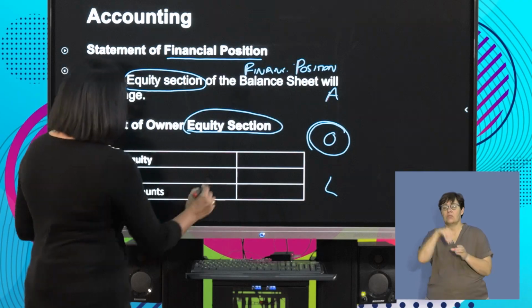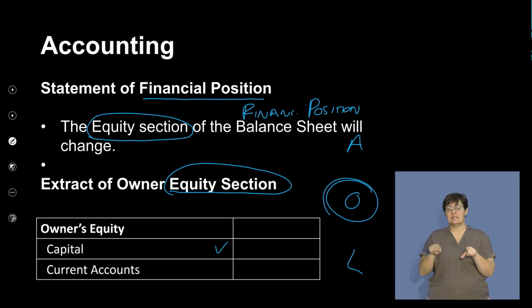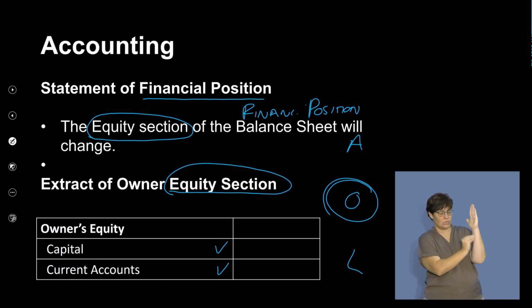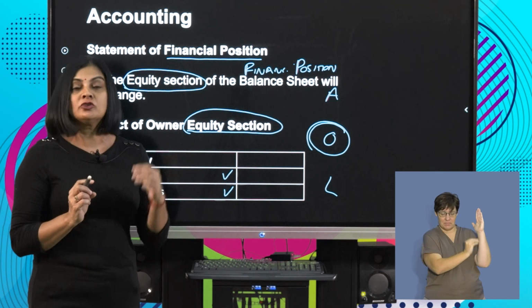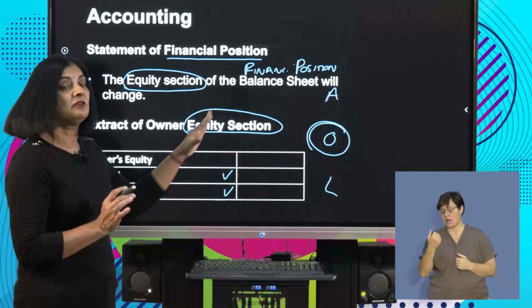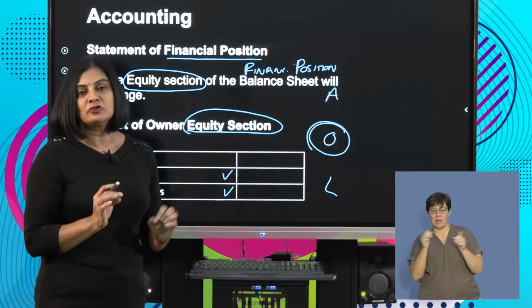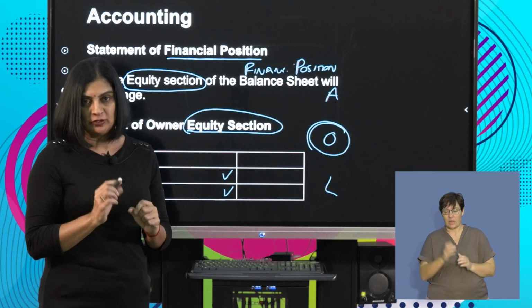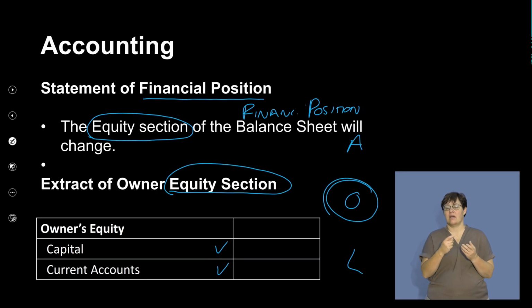You're going to include capital as well as current accounts, and there will be a note prepared for capital and a note for each partner's current account that will then be reflected in the statement of financial position. Okay, right, let's move on.